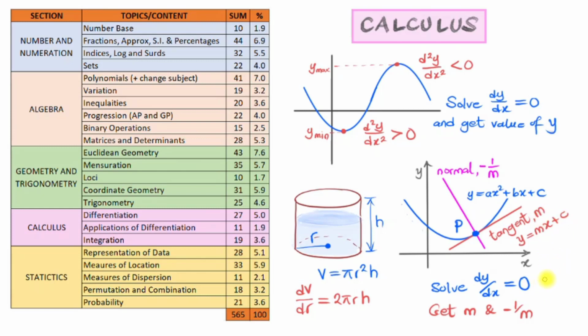And then with that value of x, you can get the tangent, because normally if you solve, you are going to find y = mx + c, something in that order. That m, the coefficient of x, is going to be the slope of the tangent. And from our understanding of coordinate geometry, we know that the normal to that tangent will carry the negative of the inverse of that slope. So you just need to use that, and you can get the equation of the normal as appropriate, okay?